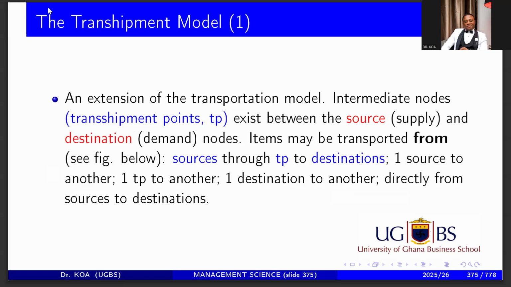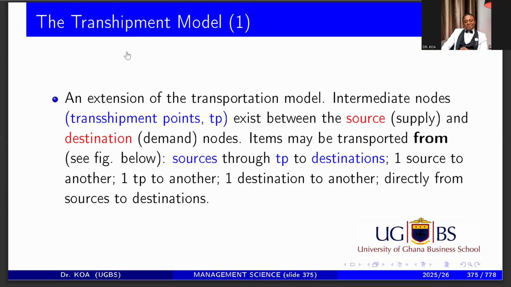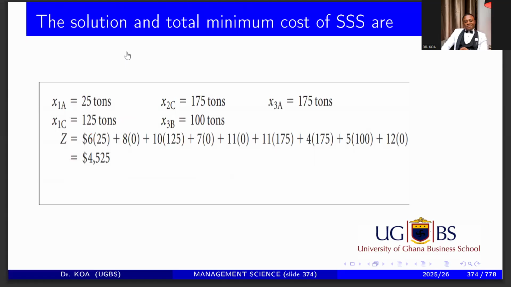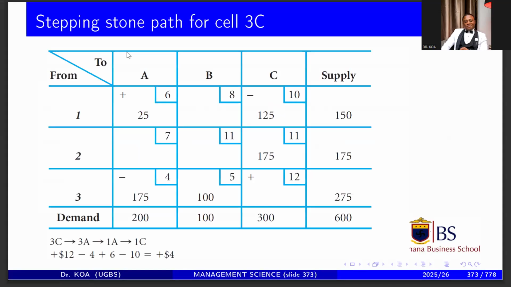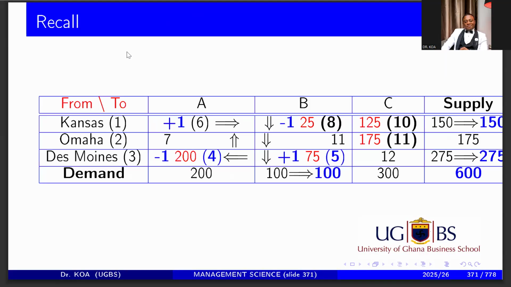The transportation model. Now, the transshipment model is an extension of the transportation model. Yes. Please, can we go back on the model? Go back again on the work that we did. Yes, this please.